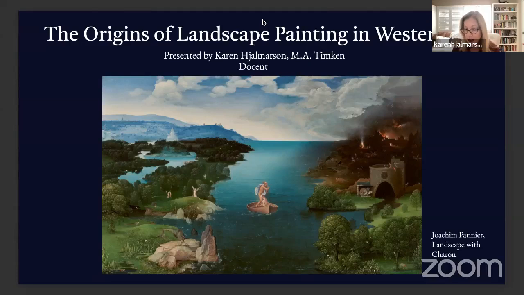What is landscape painting? Landscape painting reveals mountains, valleys, trees, rivers, forests, all the beauty of the natural world. But it really wasn't an independent genre till much later in Western art.